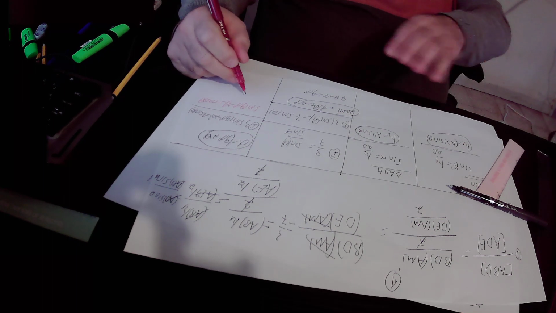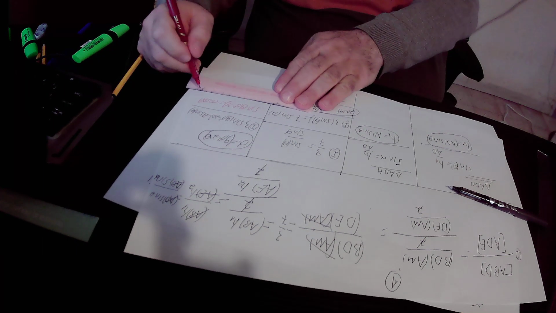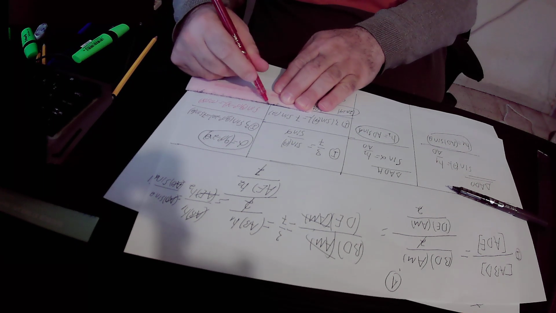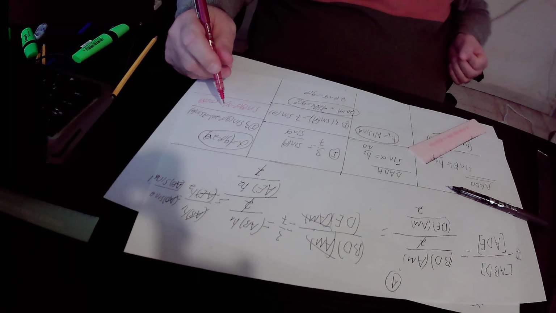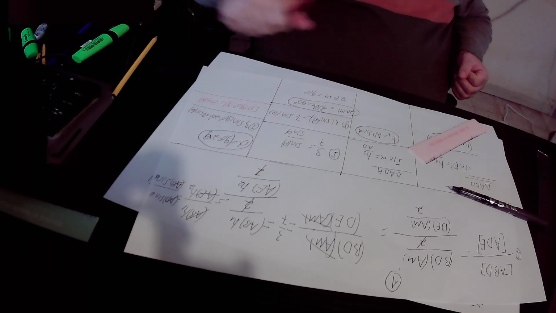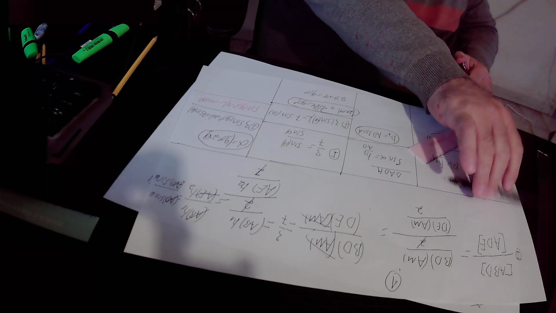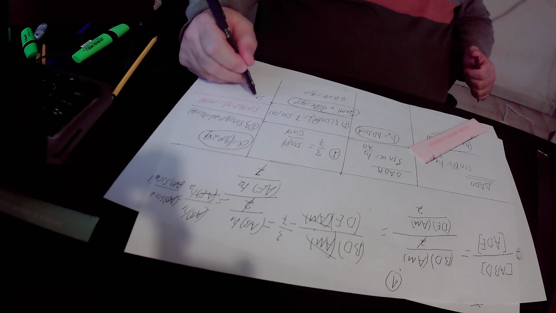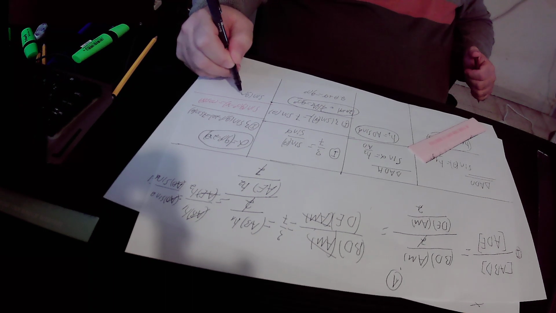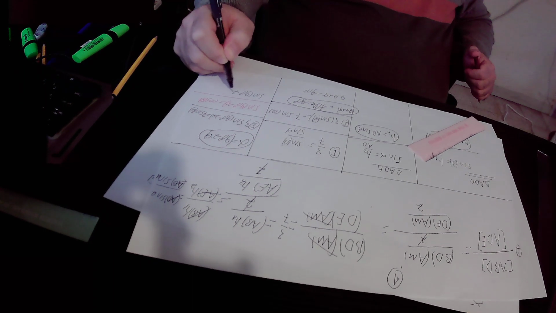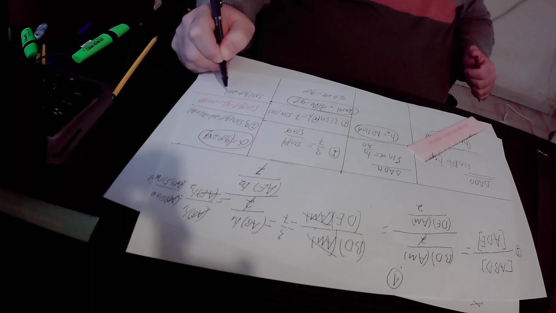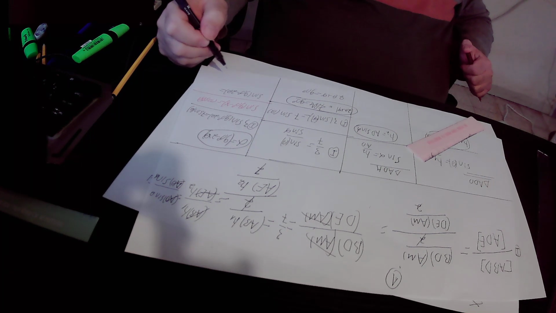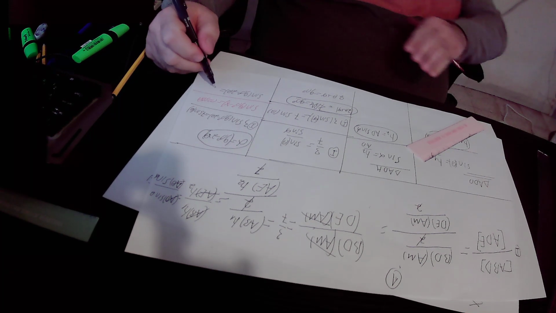According to this identity, the value of sine of 90 degrees minus 2 theta is equal to cosine 2 theta.